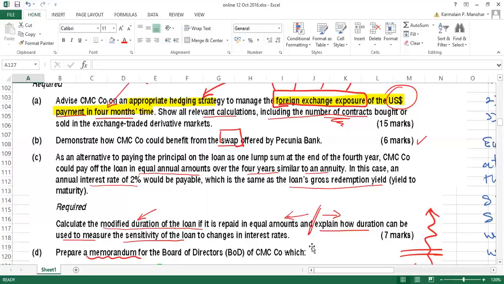Modified duration is calculated as your Macaulay duration over 1 plus the yield. So let's see if we would still find use for our financial calculator here. Duration 1D and 1B.